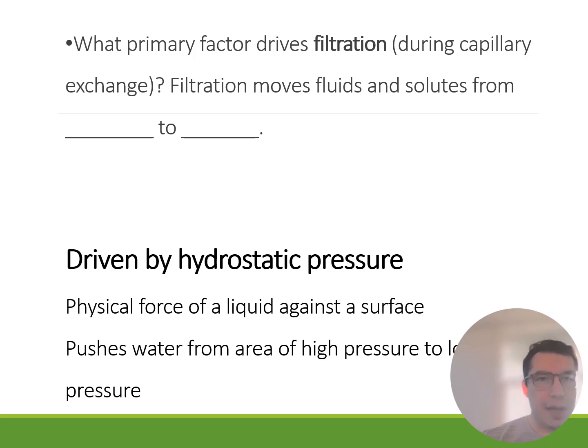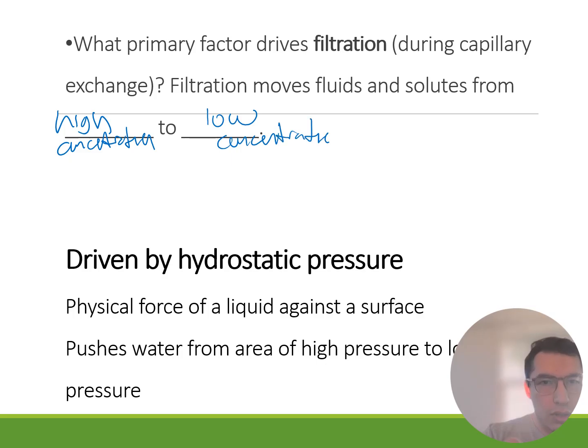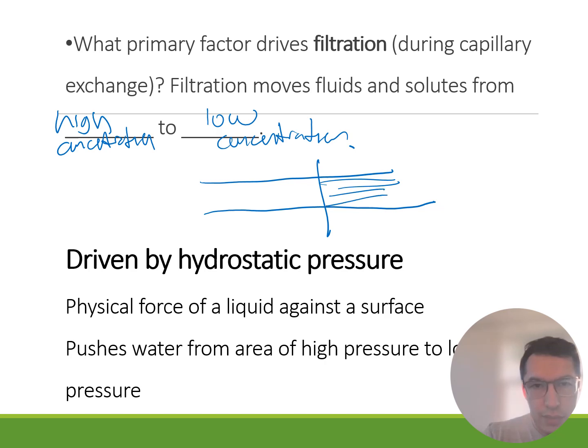What primary factor drives filtration during capillary exchange? Filtration drives fluids and solutes from a high concentration to a low concentration. And remember the pressure that is used for filtration. So we have the arteriole, we have the capillary bed.